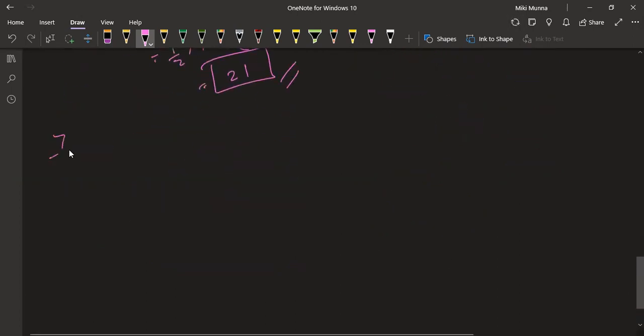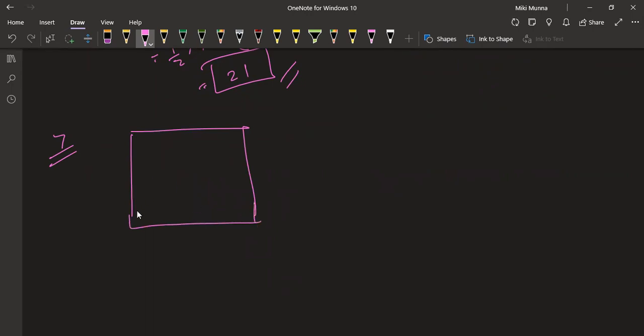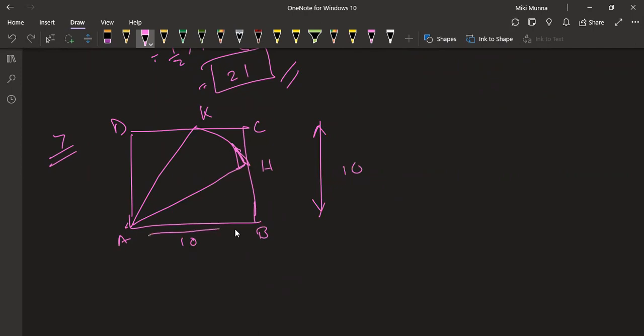Moving on to the next one, number 7, they have given us a structure. Let's say this is a square with a sector of a circle which touches all the sides, and each side is 10 centimeter. This is A, B, C, D, and this is K and H. Each side of the square is 10 centimeter, so all the sides are the same.